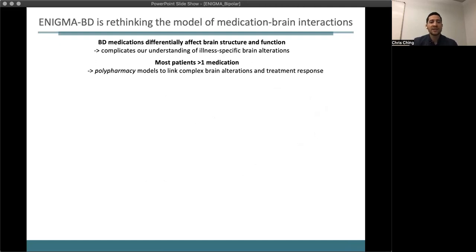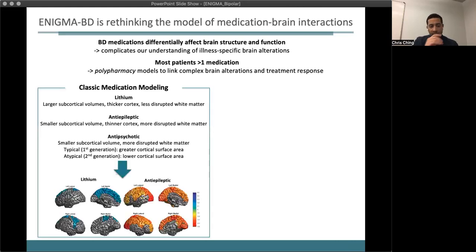And so we really need more complex polypharmacy models to try to link the complex brain alterations to treatments, and especially to treatment response. And so how we've been doing this over the past several years is taking a classic modeling approach in which we try to associate particular drug classes with alterations in brain structure.